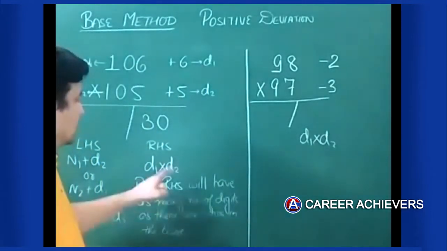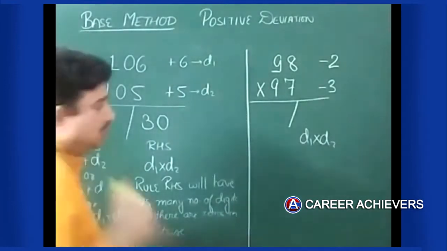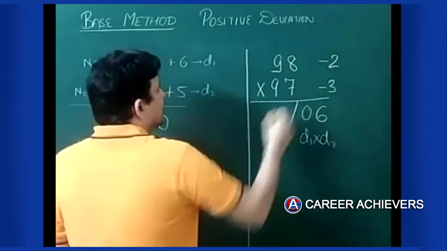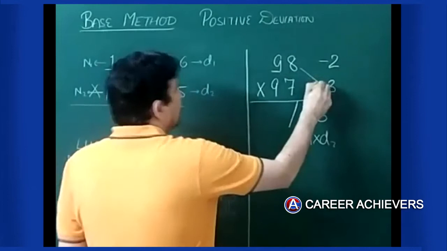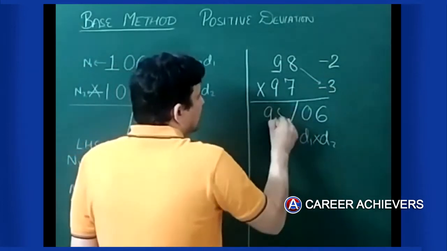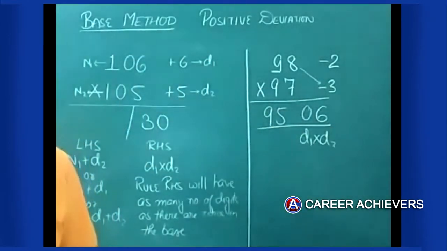But the rule says I must write 2 digits in the RHS as the base is 100, which has 2 zeros. So I will write 06 here. Then for LHS, it's number 1 plus deviation 2: 98 minus 3 is 95. And the answer is 9506. Clear?